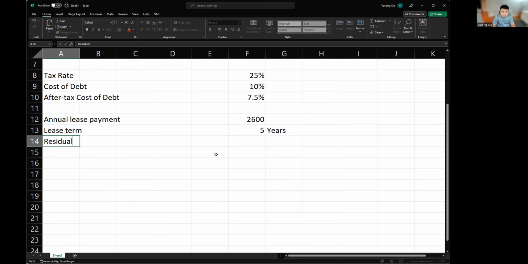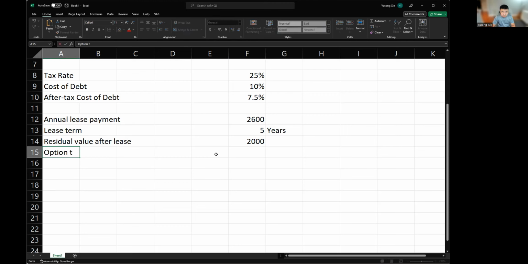The residual value or salvage value after the lease, depending on which section you are, I always have this $2,000 to $1 million, but it can be in the upper section as well as it can be here, but I'm just keeping one copy here.